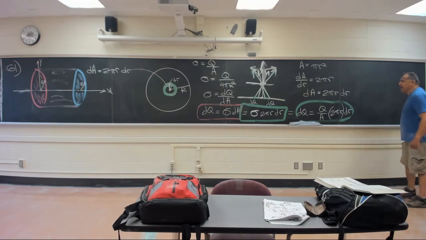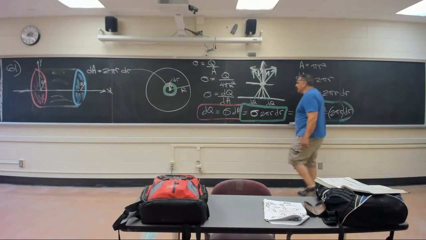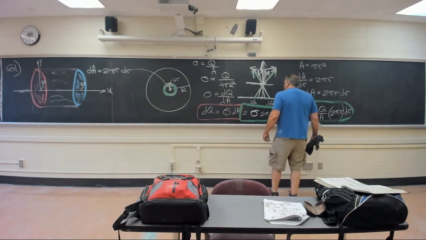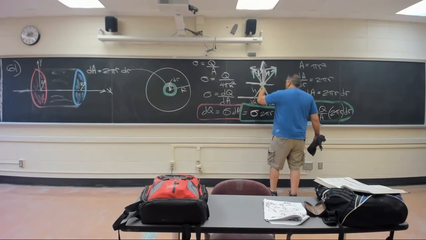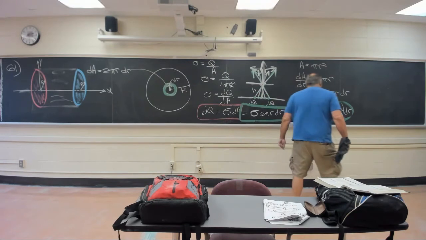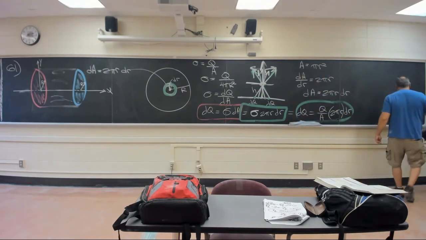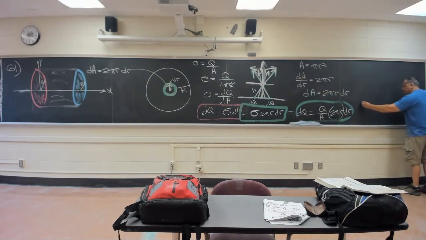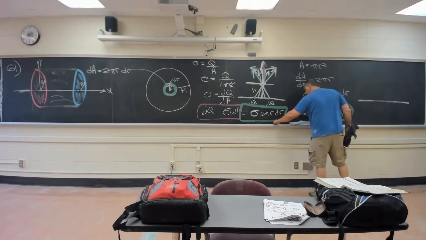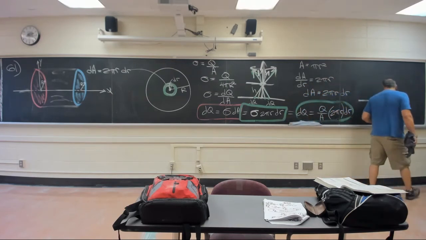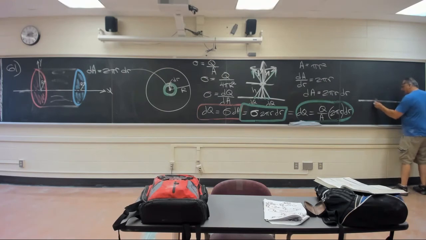Just trying to think of a height here. I could just put this as a height h, but I may not need to. Let's just say this height is h from here to here, that point right there, and then we can talk about it. If you have this, and we said we got all this business, there's got to be a shortcut here.